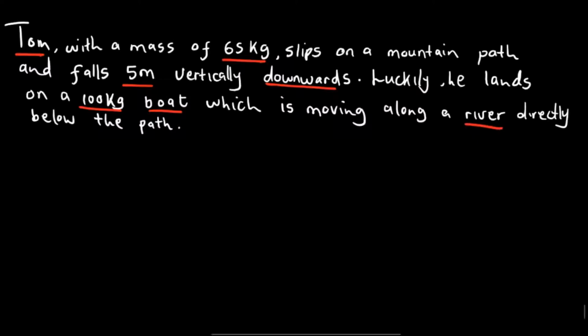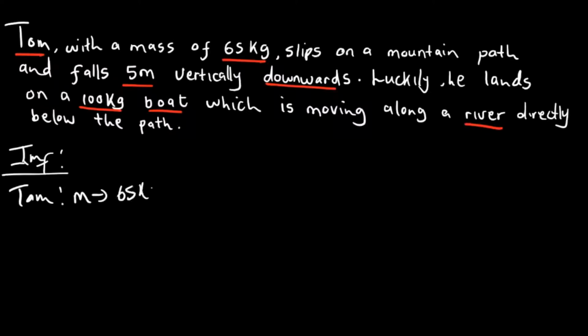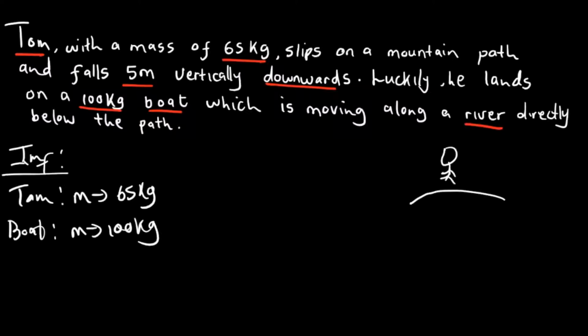So the first thing you're going to do is write the information of the statement given. We know that we have Tom, who has a mass of 65 kilograms, and a boat with a mass of 100 kilograms. So if we were to draw the illustration of what's happening here, we have Tom on top of this mountain here, right?